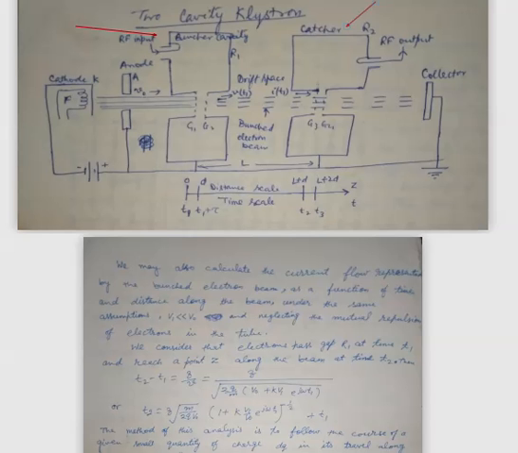A small signal RF field is given to the buncher cavity and RF output signal is obtained from the catcher cavity.